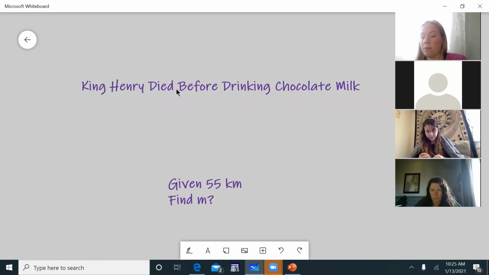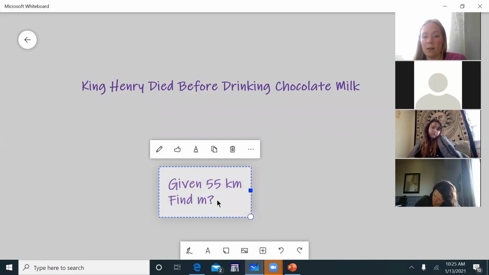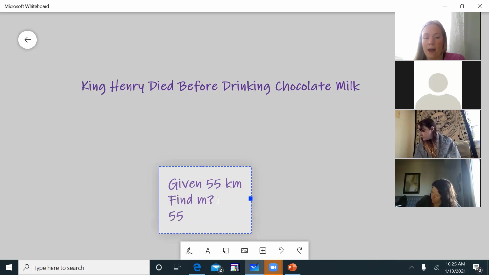Meter is a base unit. There's no prefix on it. So I need to go from king to before. I take 3 hops: 1, 2, 3 hops to the right. That means I'm going to move my decimal to the right 3 places. 1, 2, 3. My answer will end up being 55 with 3 zeros meters. Real fast way to convert.